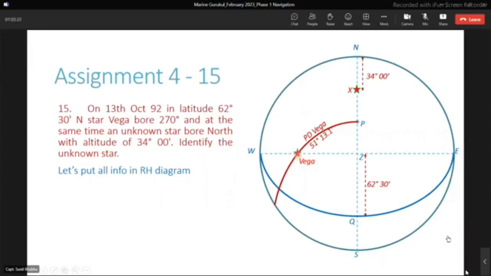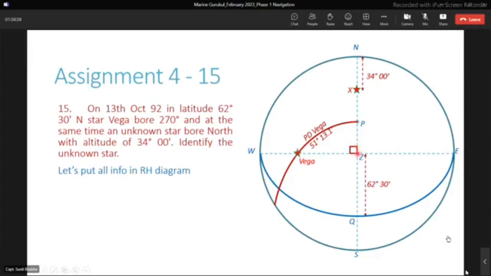Now have a look at the PZ Vega triangle. I have named it as Vega, otherwise this is the PZX triangle. I'm showing that triangle with the help of the laser pointer now. In that triangle you see angle Z is a right angle because star Vega is at 270 bearing. The pole is north of the observer.